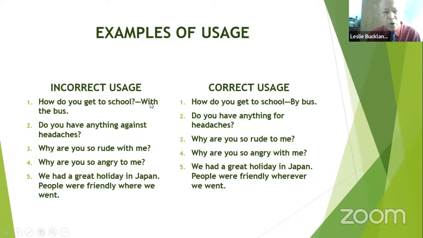Okay, so even though grammatically speaking, both could be correct because they are referring to the means by which something is done, the means by which you are transported from one place to the other, the way that it is used by most people in the English language is to use the preposition by rather than the preposition with. How do you get to school? By bus.